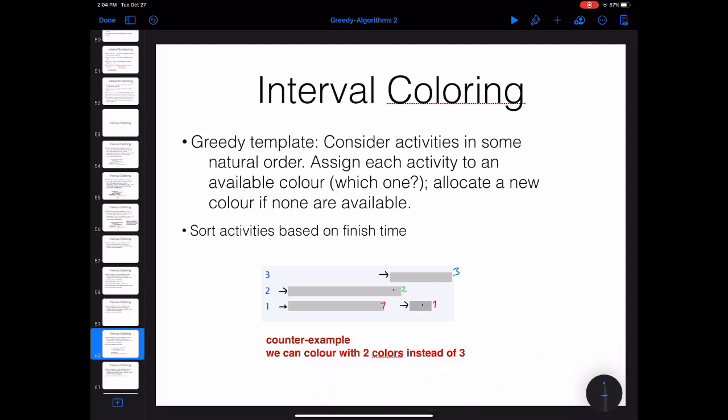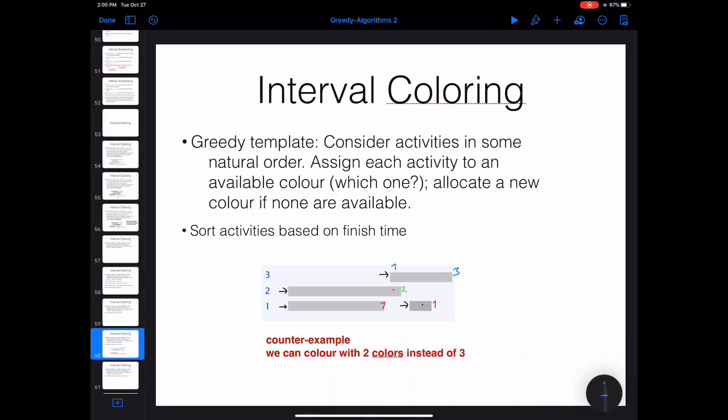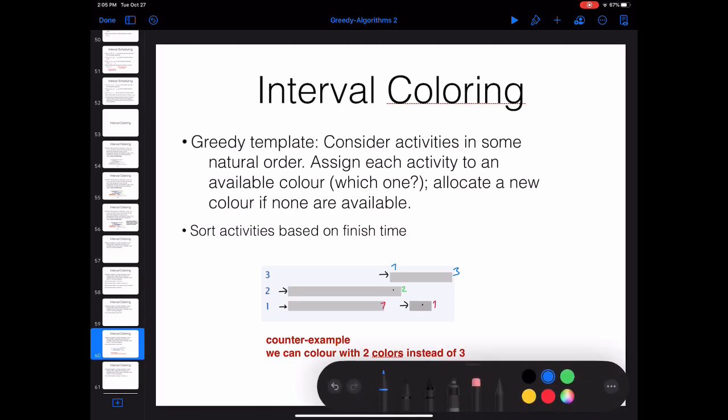So in this way, this strategy tells me that I have to color all of these jobs with 3 colors, although I can find the optimal answer with 2 colors. So I can color this one with, let's just use the same.